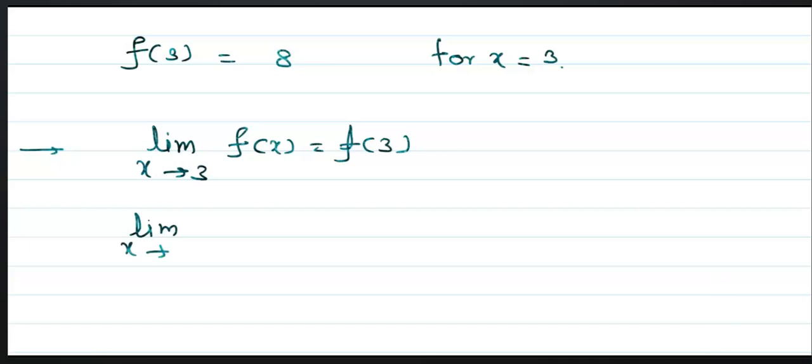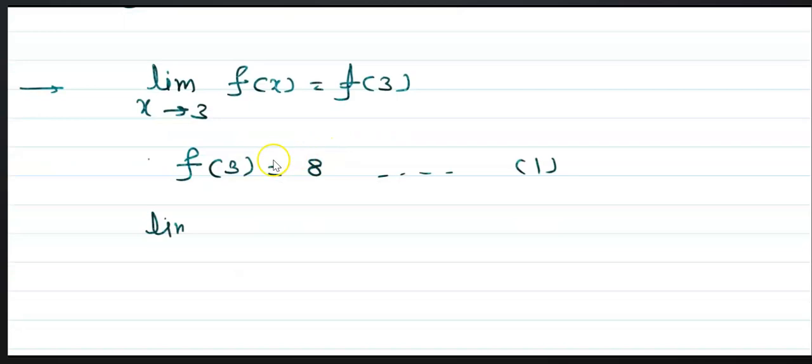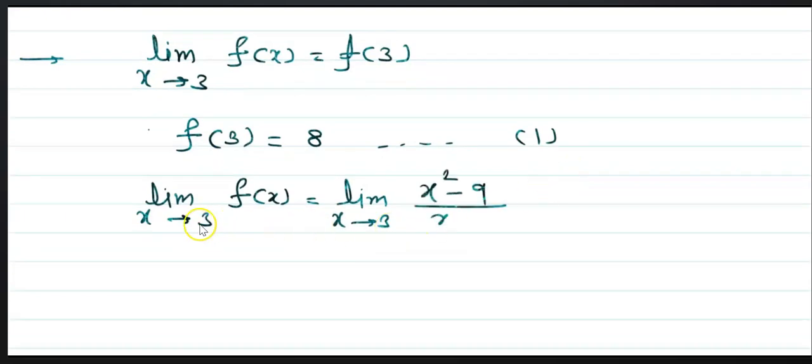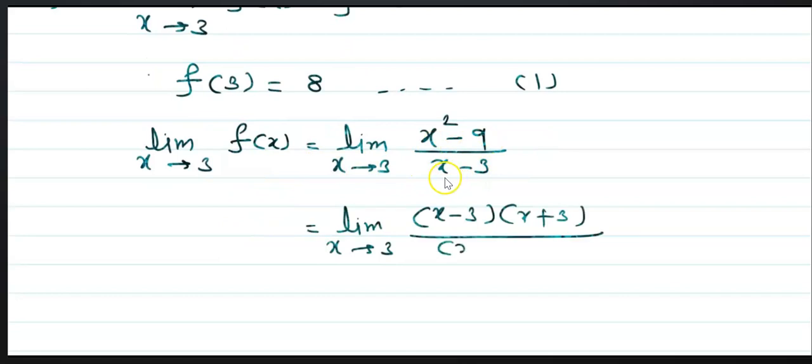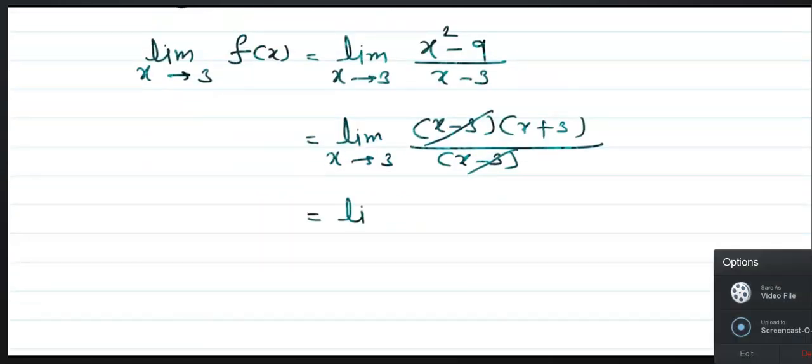Now we'll see, this is the definition and they are not equal. Now I am writing here f of 3 is equal to 8. Now limit x tends to 3, x square minus 9 upon x minus 3. Then x minus 3 get cancelled.